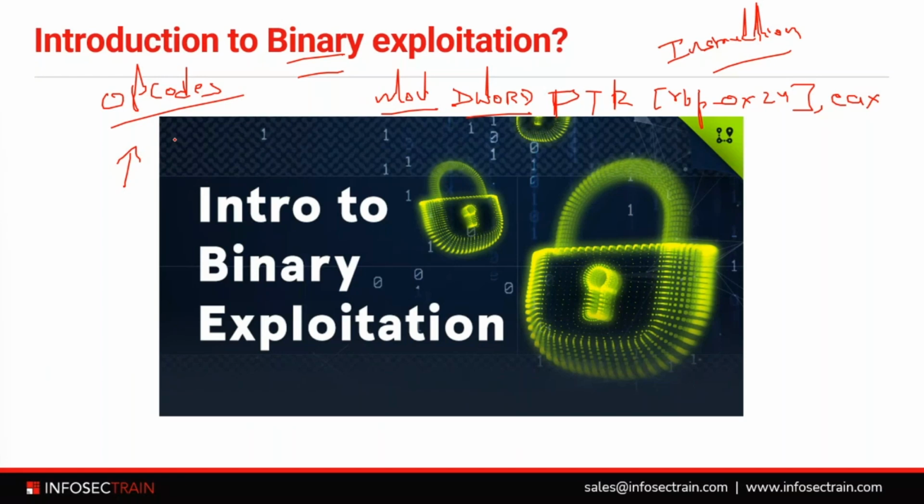An opcode is nothing but the sequence of bytes representing a specific instruction that you want the processor to perform, right? And when you find vulnerabilities in the handling of these binaries and instructions, that is called binary exploitation.